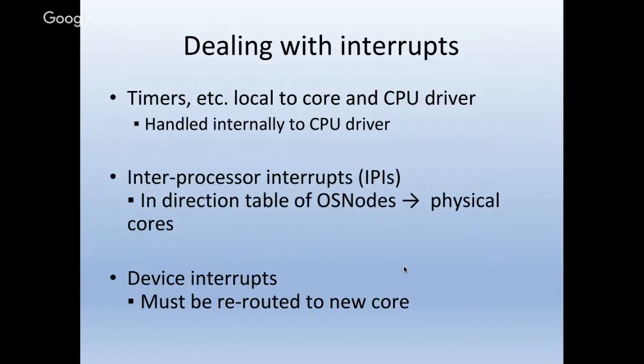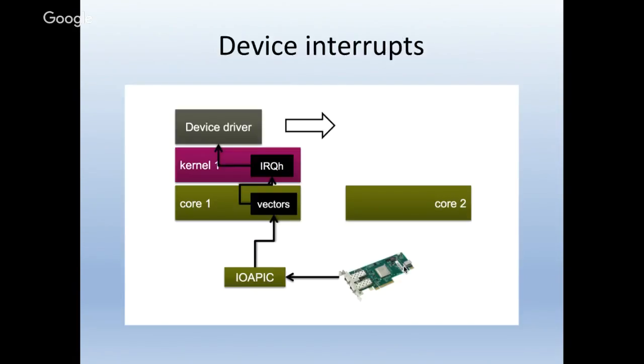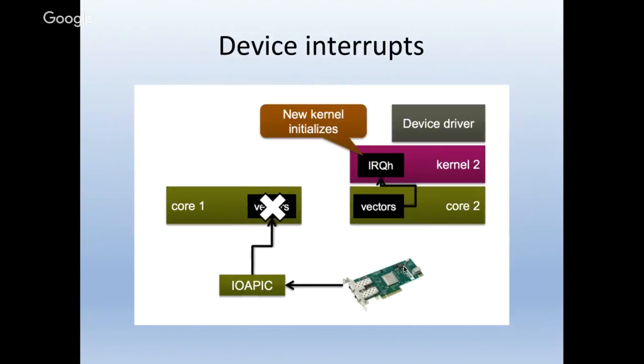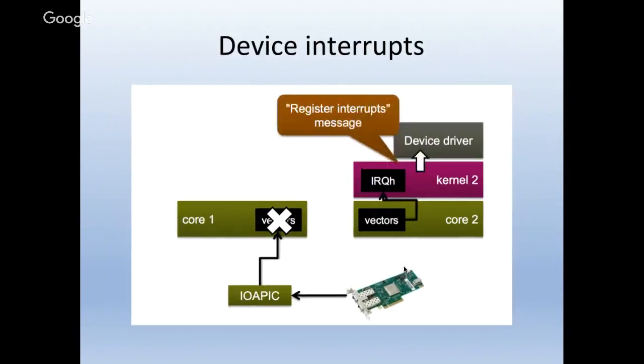So what happens if a device that runs on some core is migrated to a different core? Right now, we essentially mask all the interrupts on the core, and then we have to register the interrupts on the device driver. During this process, something may happen in the device, so you have to check again, or you can poll the device while doing this shift.